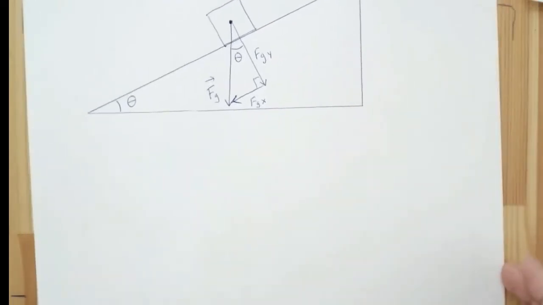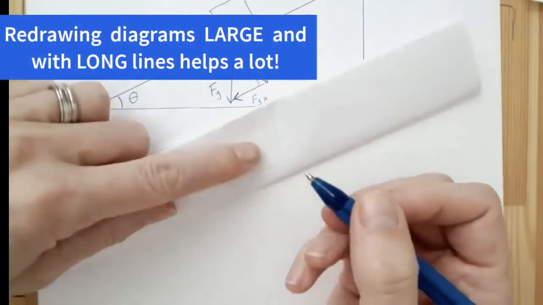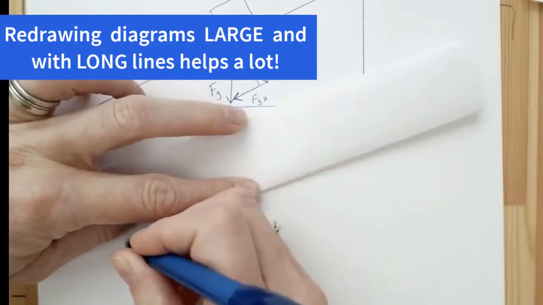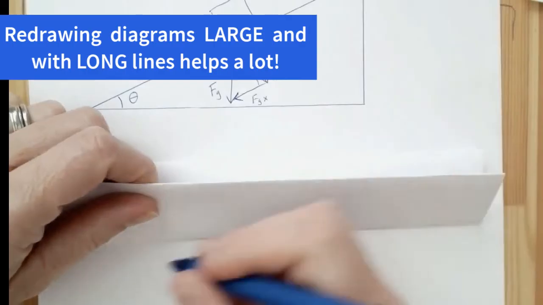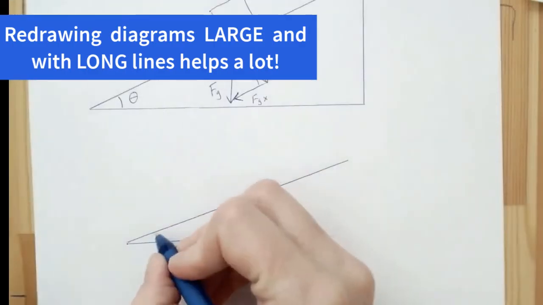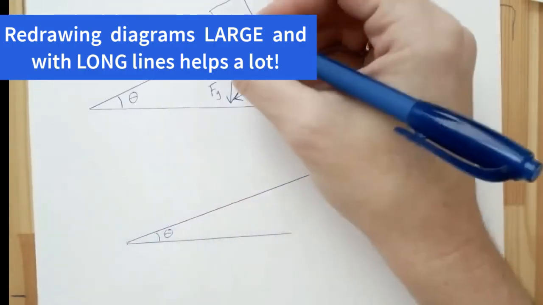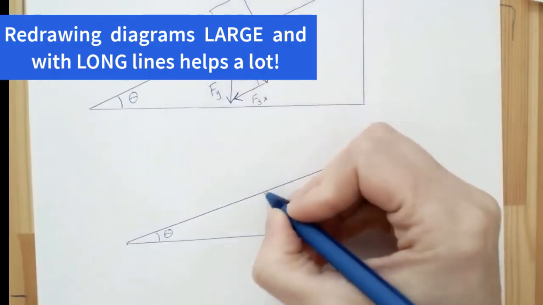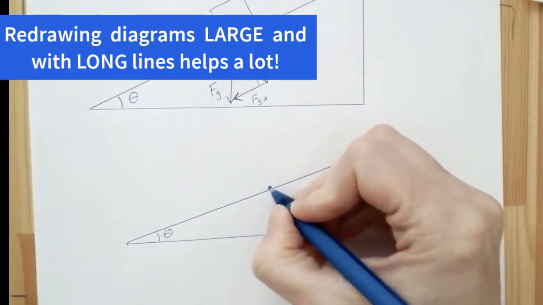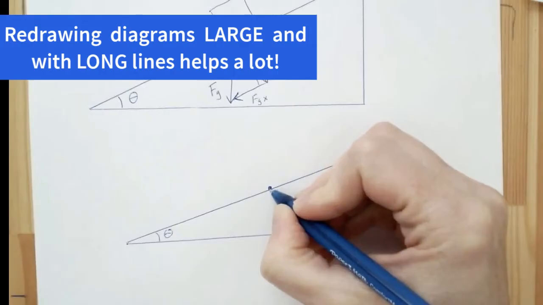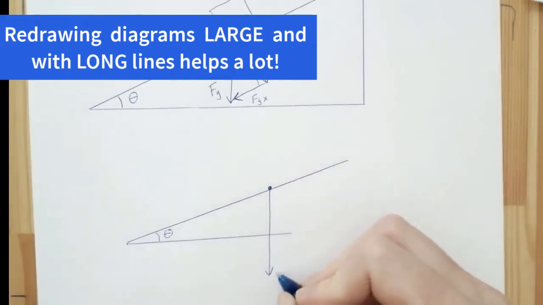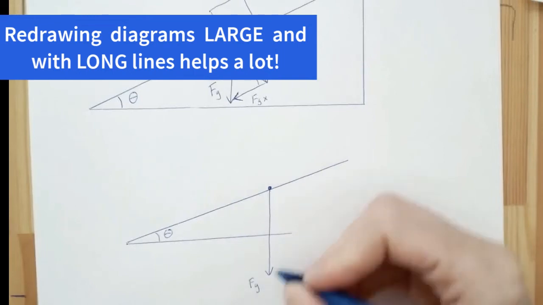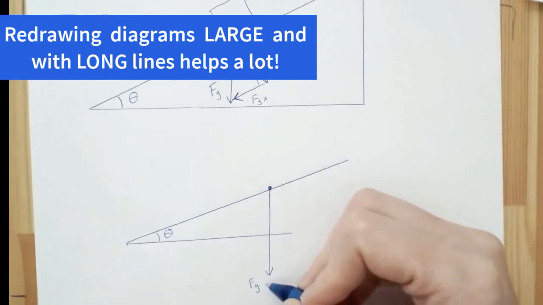So I'm going to draw my surface of my ramp, and then I'll draw it relative to the ground, having an angle of theta. And now I'm just going to move my weight vector down a little bit to help us with the geometry. So I have a vertical line coming down like this that's going to represent the weight F sub g.